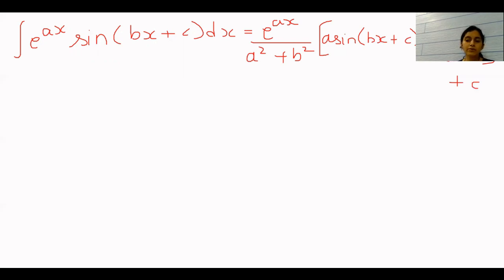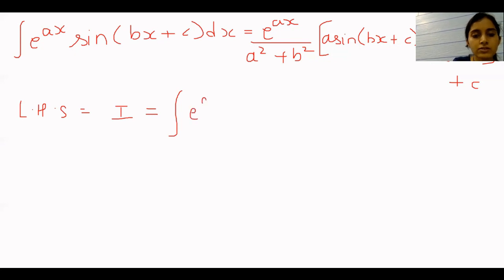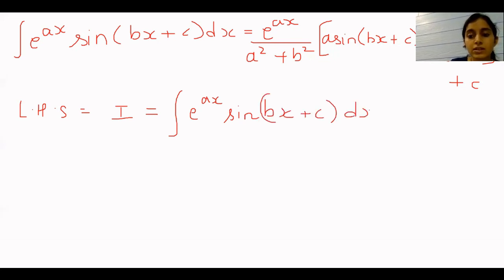Okay, there is one more of the same type, but let us first solve this one using integration by parts. So how will we solve this? Let us take the left hand side, LHS, equal to I, equal to the integration of e raised to ax sine of bx plus c dx. Now remember what rule we have to use. We have to use integration by parts.